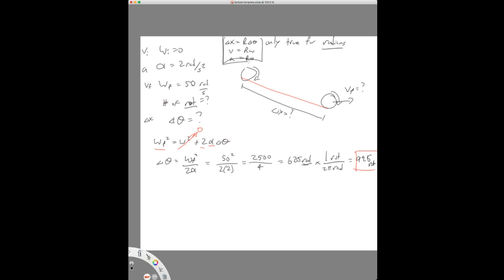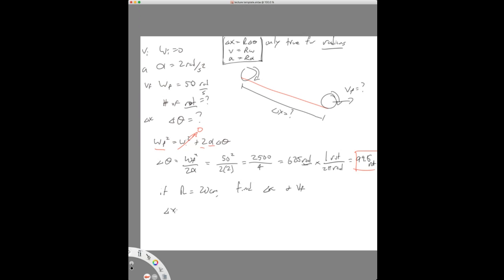Well, that's where these equations in the box here come in, because those are the keys to translating back from Greek into Latin. So in order to do that, I'll need to know the radius of the wheel. If the radius is, let's say, 20 centimeters, and we want to find delta x and v final, then we would just use these relationships.